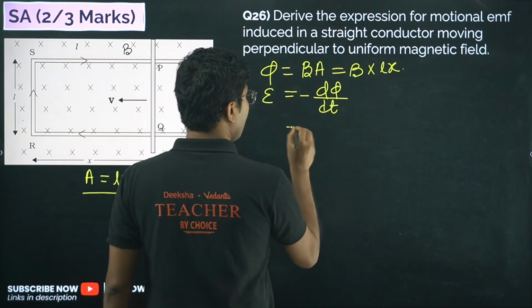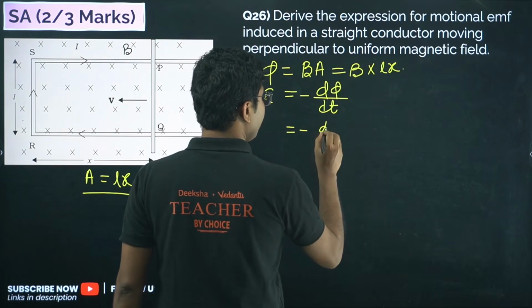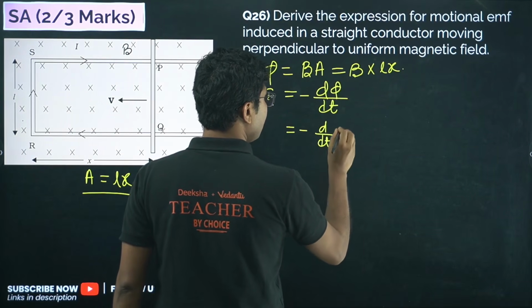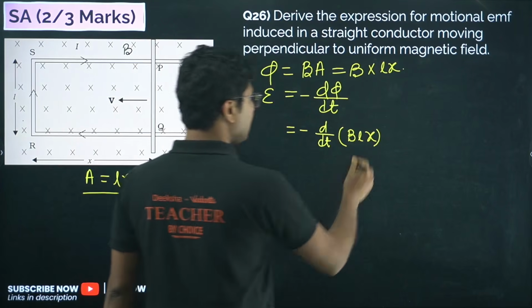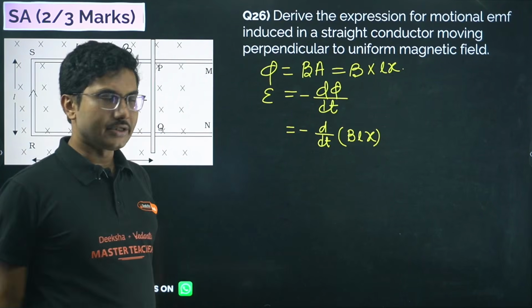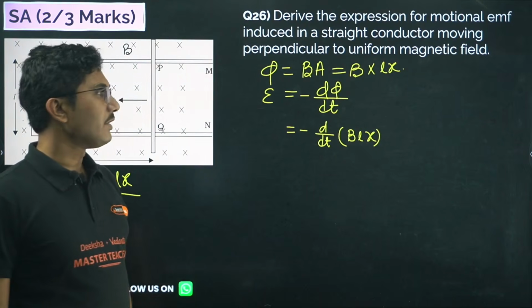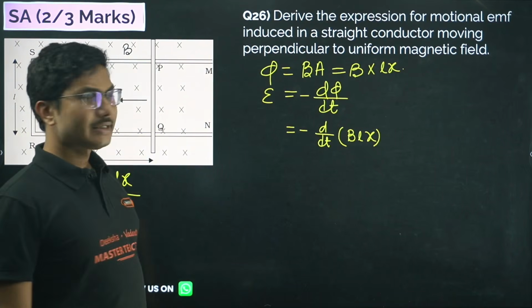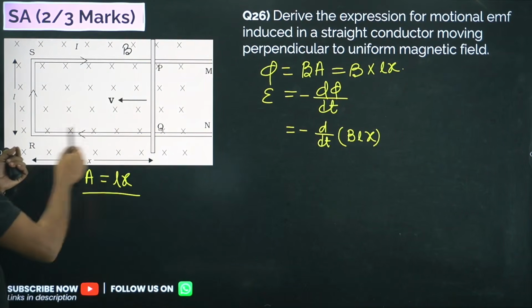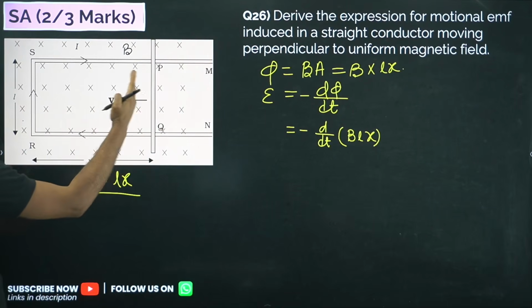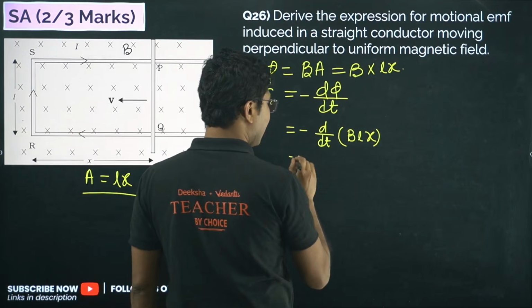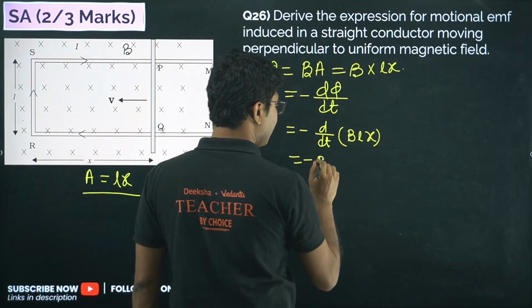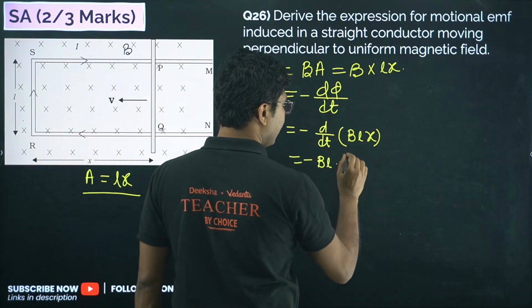Now you have to differentiate B into L into X. Obviously the magnetic field is constant, it is given in the question, and the length is fixed, it is not changing. The only thing that is changing with time is X, because it is moving, so X is decreasing. That means we can write minus B into L into dx by dt.